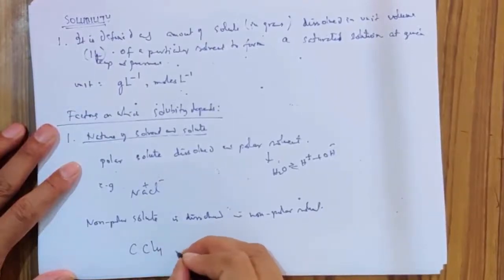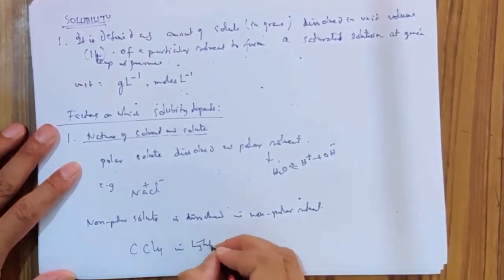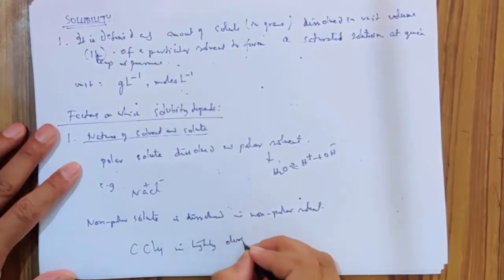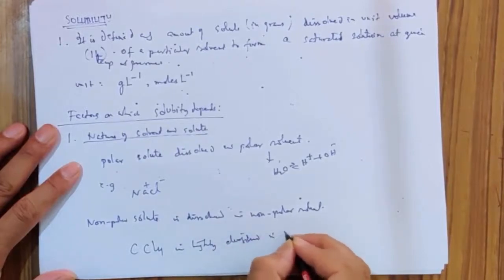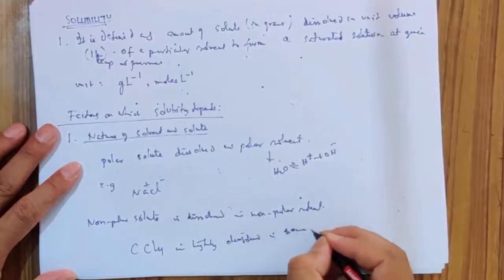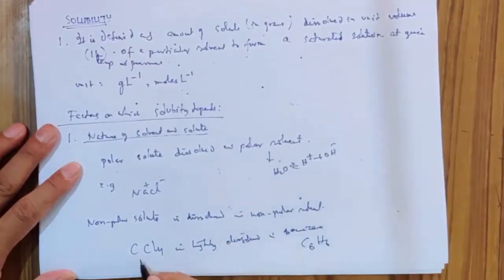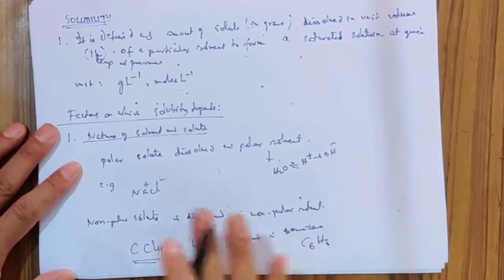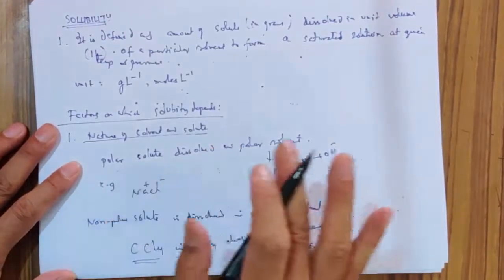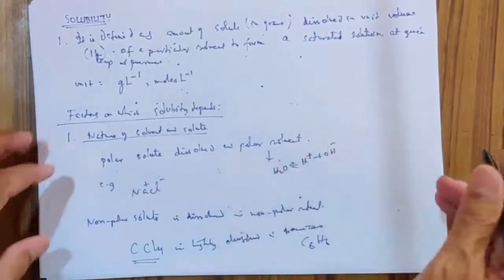CCl4, carbon tetrachloride, is highly dissolved in benzene. Benzene is non-polar, with low charge. So a non-polar solute dissolves in a non-polar solvent, and a polar solute dissolves in a polar solvent. That is the meaning.